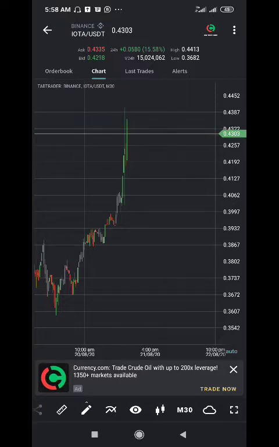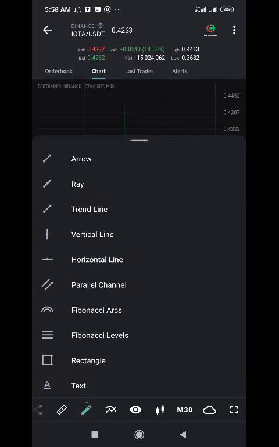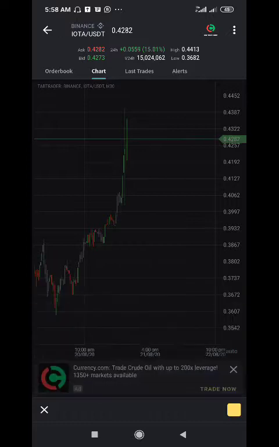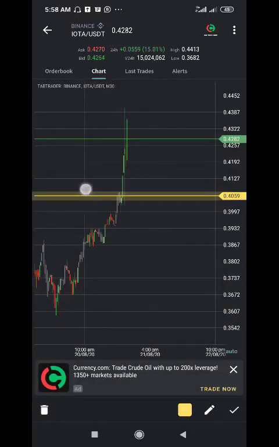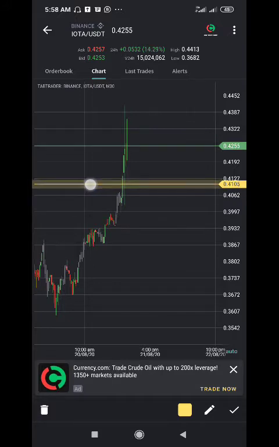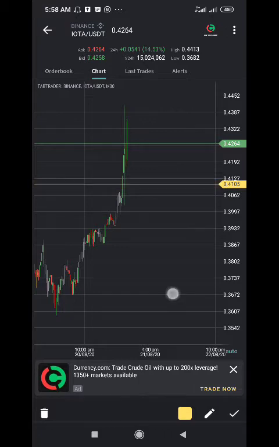Now what I will do here is use these indicators, and let me change the color to orange, and this one to yellow. Now this market has moved to this level, and maybe I just place this, this is 0.41.